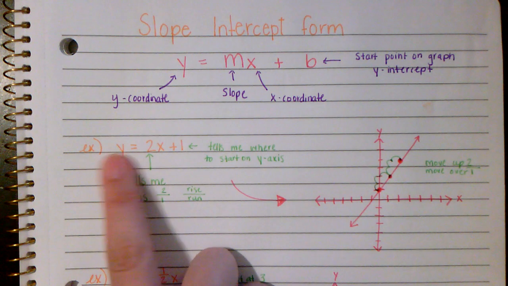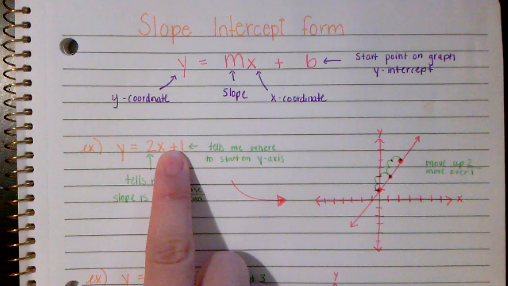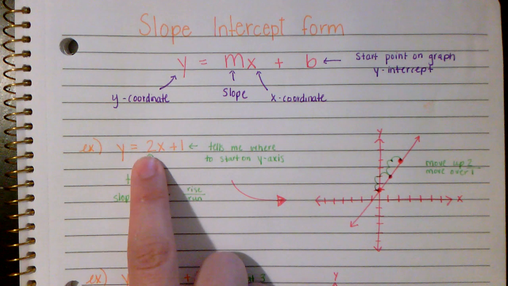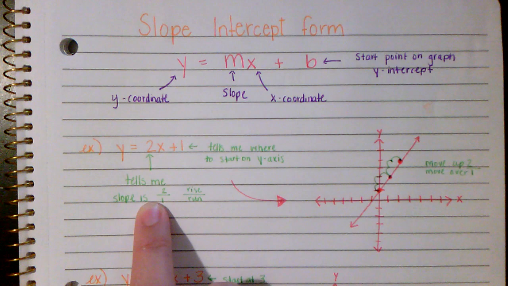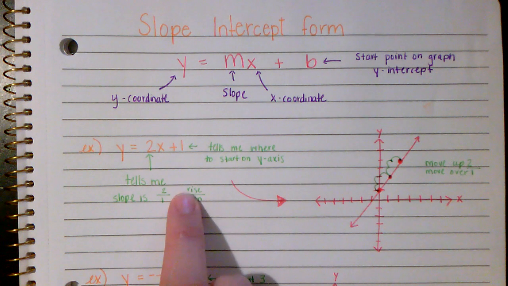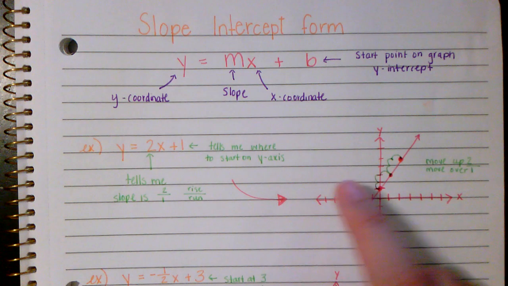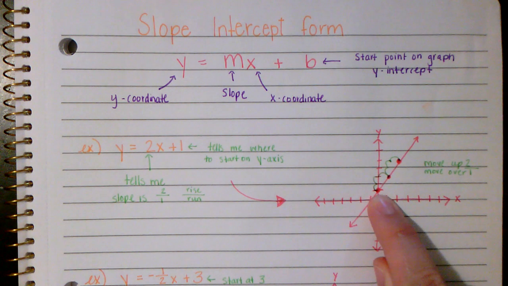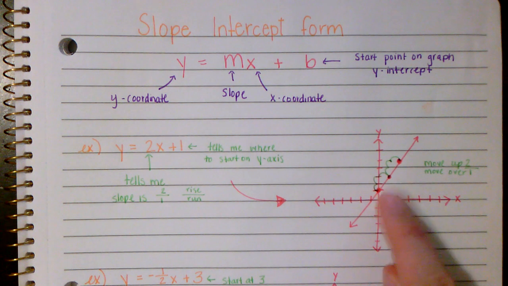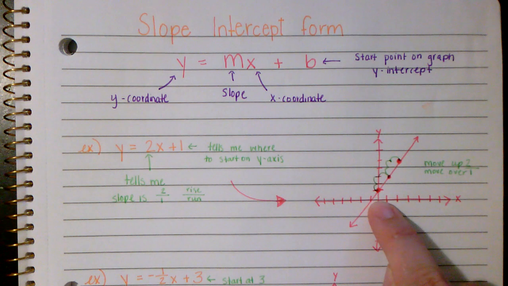So if someone gave you this example, y equals 2x plus 1, when I look at this, I can say, okay, this tells me how to move. It tells me my slope is 2 over 1, so I'd rise 2, run 1. And then this 1 tells me where to start. So if we look over here, I started with a dot on 1 on the y-axis. 0, 0 is dead center.